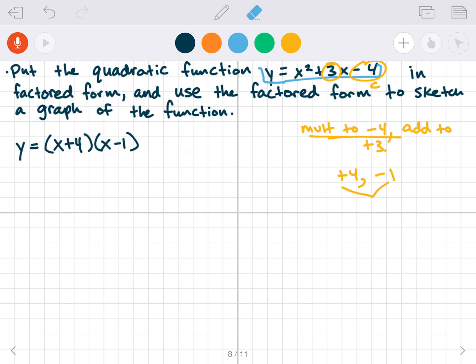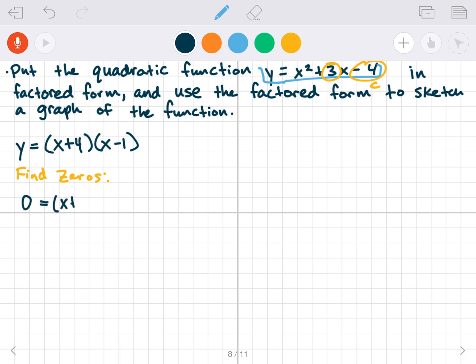Okay? Now that I'm in factored form, I can set each of these equal to 0, right? So to find the zeros, we want to say 0 equals x plus 4 times x minus 1.